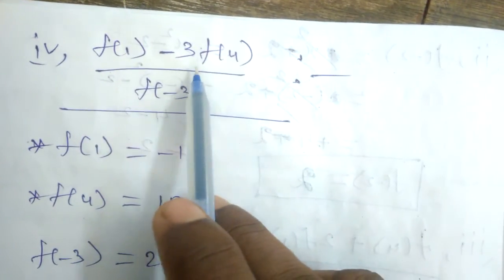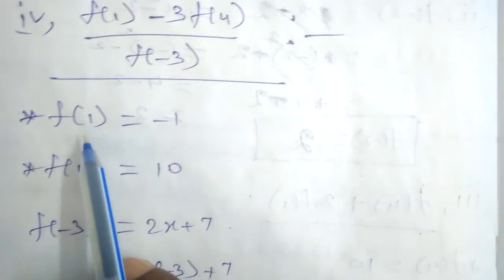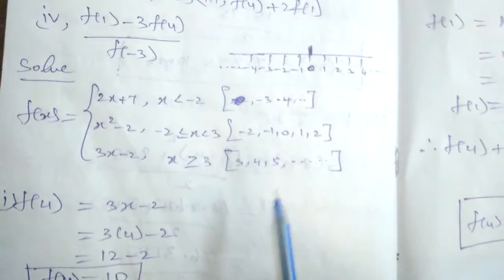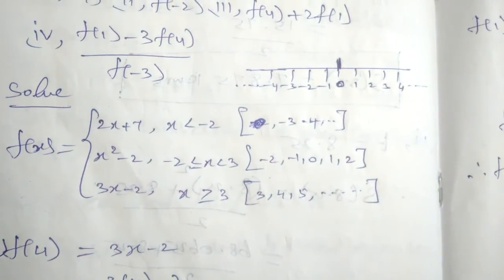That's all. The last one, f of 1 minus 3 f of 4 by f of minus 3. Already we found f of 1 is equal to minus 1, f of 4 is equal to 10, and f of minus 3 is equal to, where is the minus 3? It lies on the first.